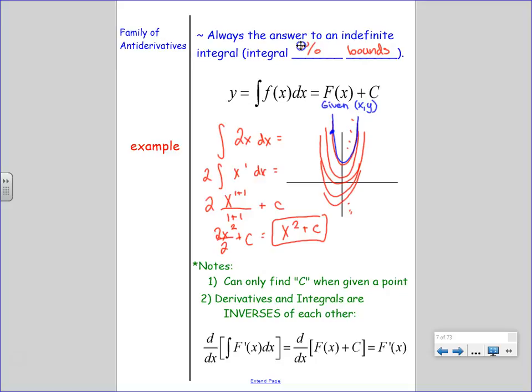And then down here at the very bottom, all I'm trying to show you is if you do take an integral, look on the inside, if you do take an integral, you're going to get a function. You can always double check by deriving to make sure it matches the original in the integral. Does that make sense?